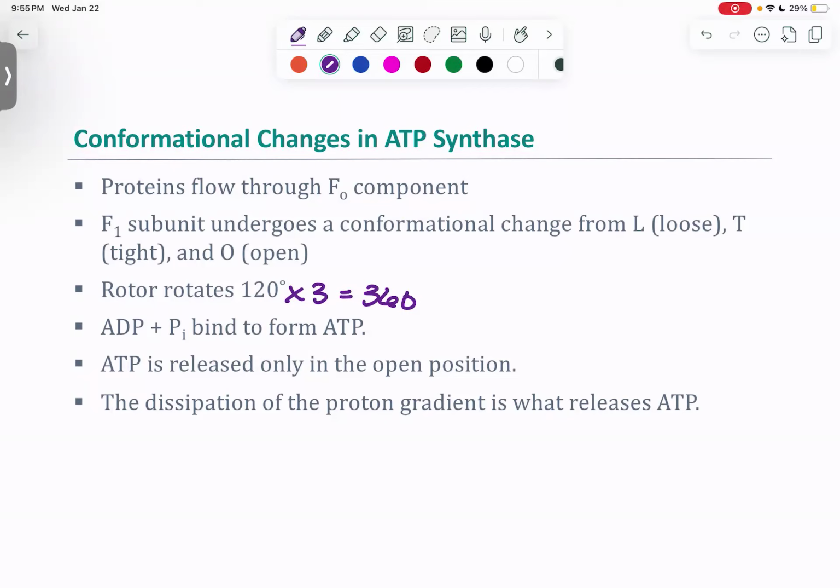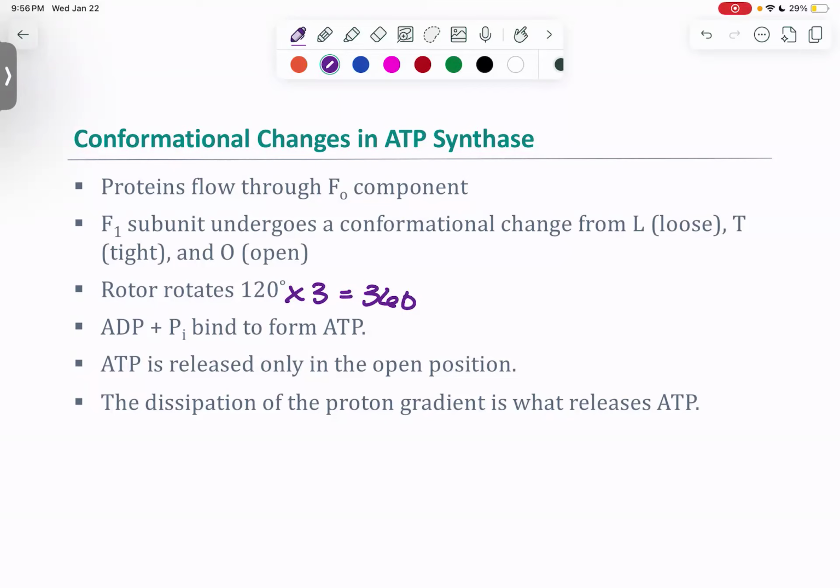So the whole point of that F1 subunit is to take the ADP and Pi, bind them together to make ATP. And once that rotor combines the 2 and hits the open position, then the ATP can be released.